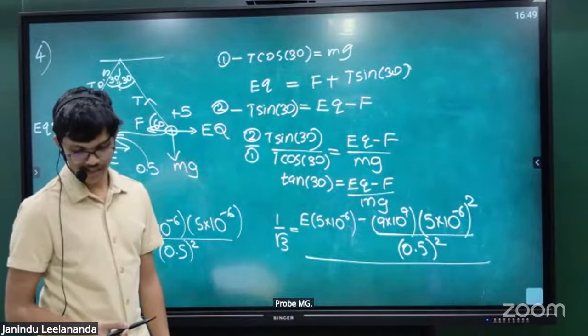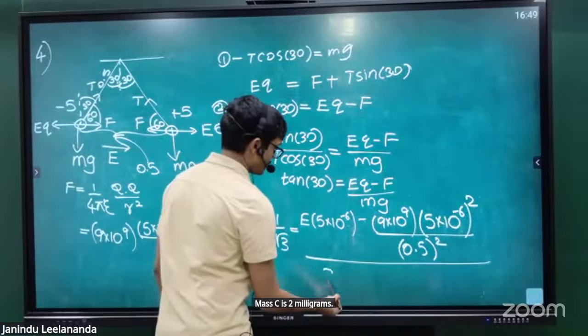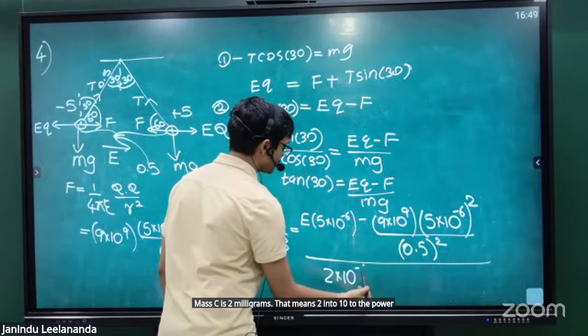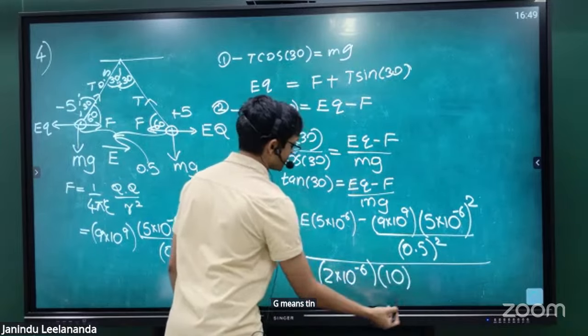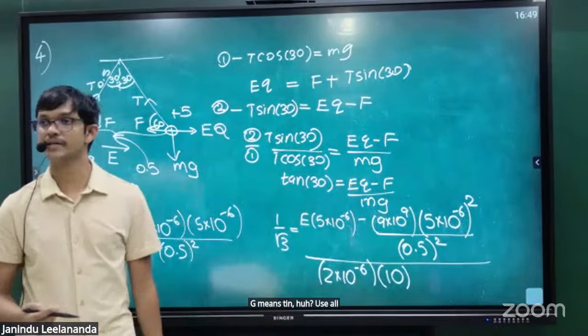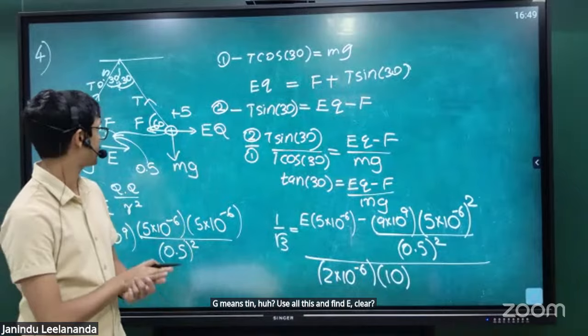Mass is 2 milligrams, that means 2 into 10 to the power minus 6 kilograms. G means 10. You solve this and find E. Clear?